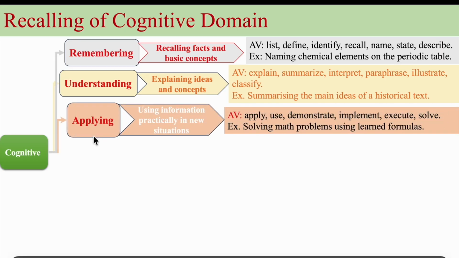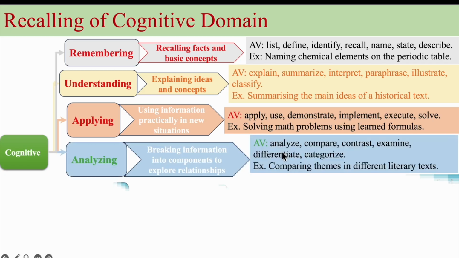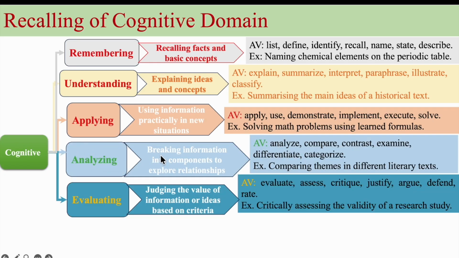Third one is applying, or using information practically in new situations. Similarly, the action verbs are defined in previous slides, and an example is solving math problems using learned formulas. The fourth one is analyzing, or breaking information into components to explore relationships, and the example is comparing themes in different literary texts.